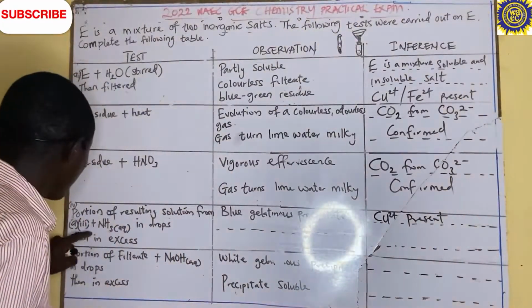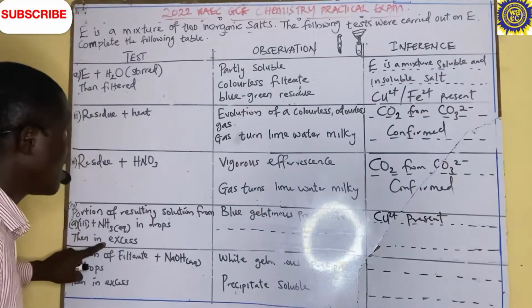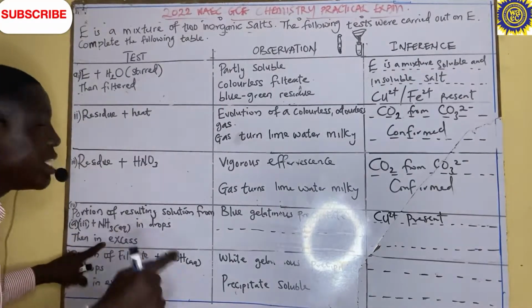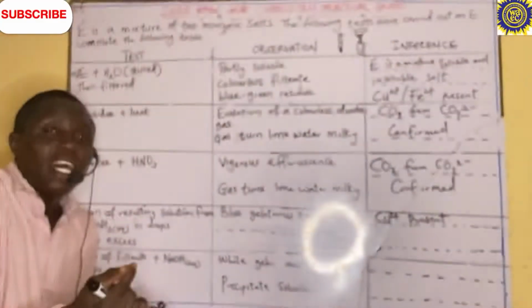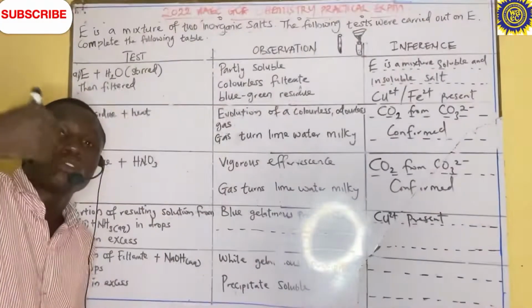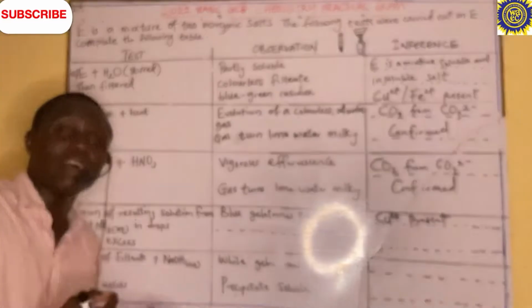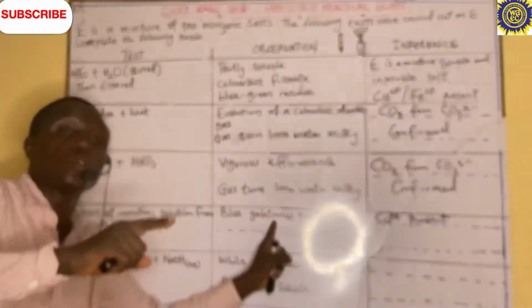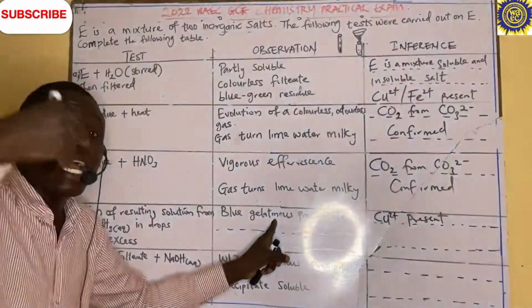Now in excess, whenever you add ammonia in excess to a solution containing copper, that blue precipitate will turn to a deep blue in excess aqueous ammonia.